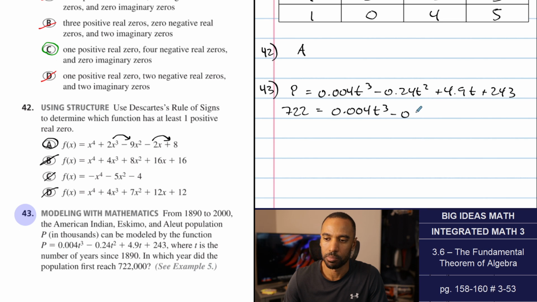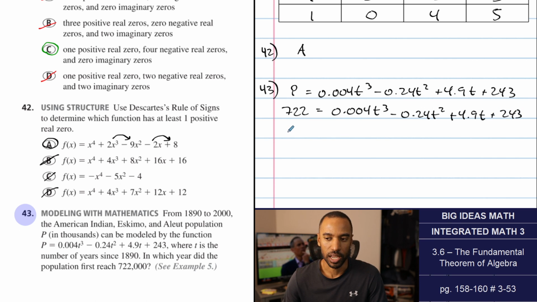Now I'm going to be subtracting 722 from both sides, combine it with the 243, and then we'll have ourselves a function which we can model set equal to 0 and use the graphing calculator to come up with what we need to come up with.